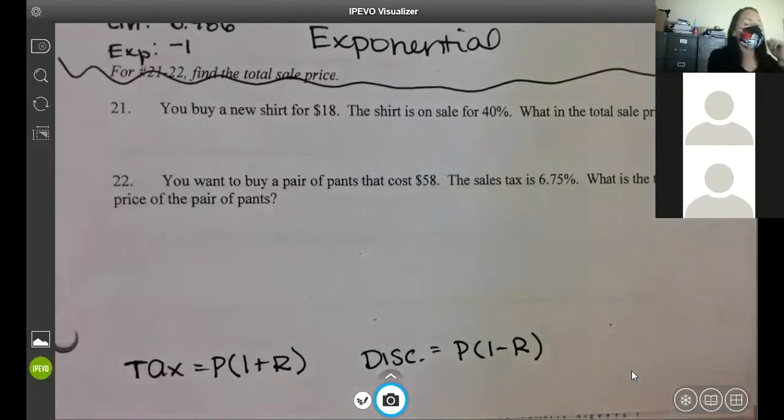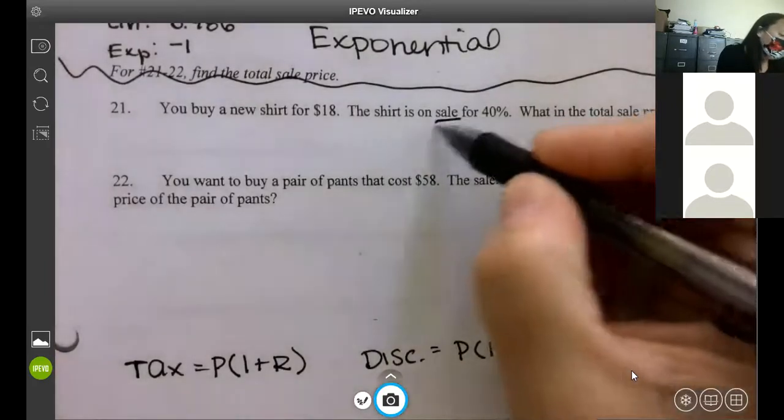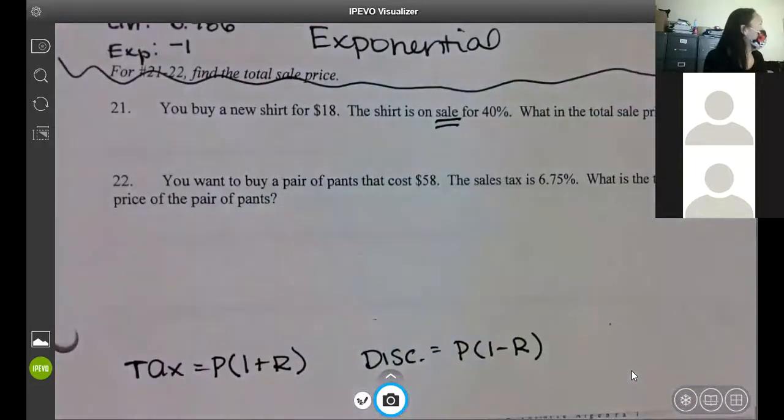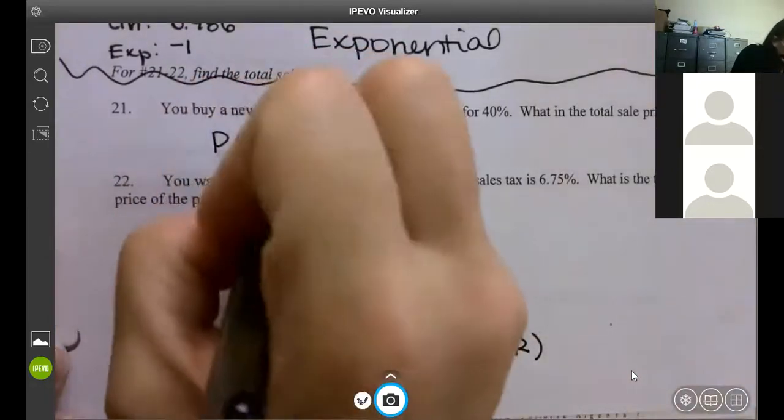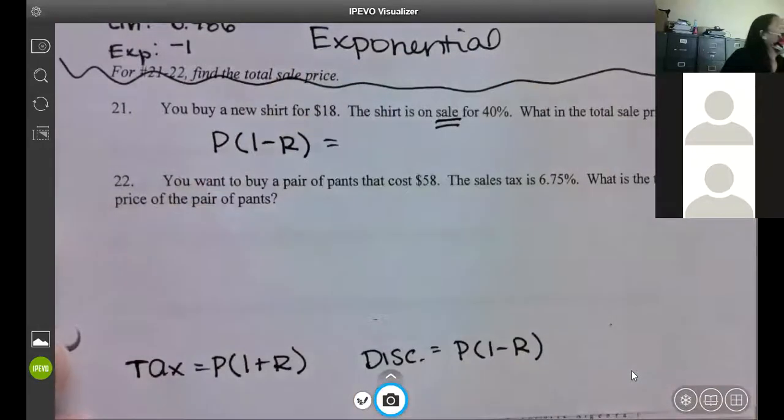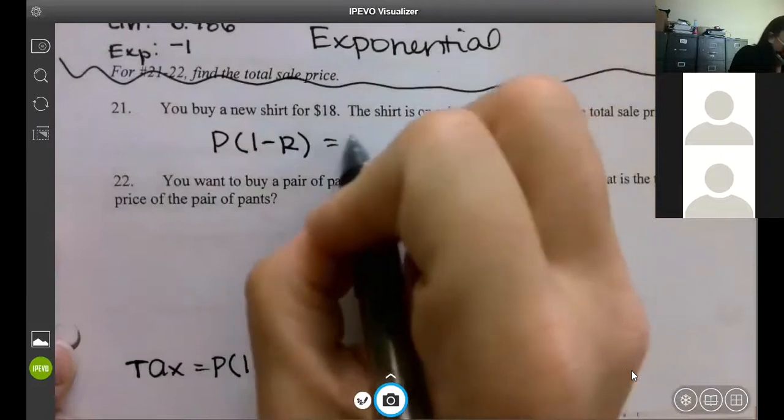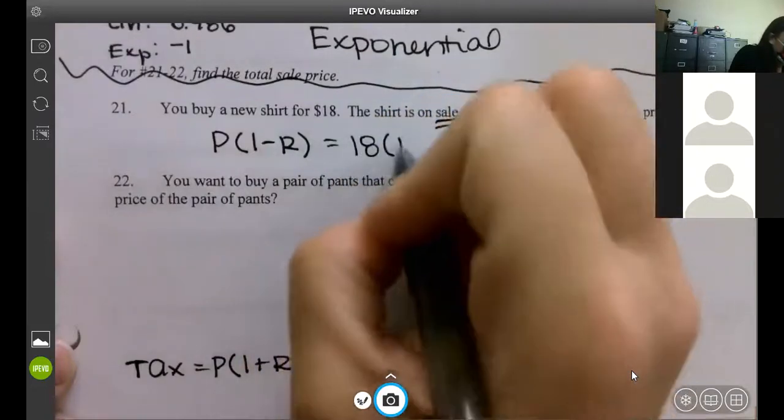So if we look at the first one, it says you buy a new shirt for 18. The shirt is on sale. That means we get money off. So that's going to be a subtract. For 40%, what is the total sales price? So we're going to use P times 1 minus R. P is the price of the shirt. What do we buy the shirt for? What's the price? 18. 1 minus.